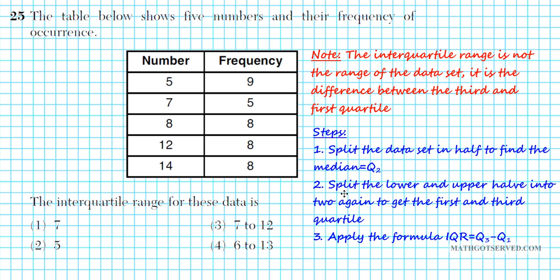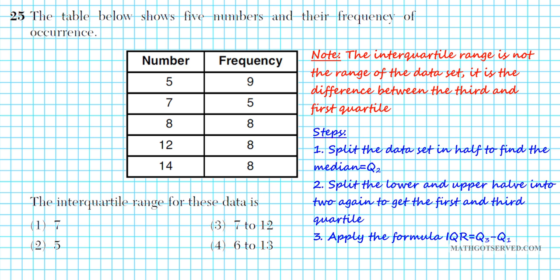Now we're going to split the lower and upper halves into 2 again to help us get the first quartile, which is the equivalent of the median when you're looking at the lower half, and the third quartile, which is the equivalent of the median when you're looking at the upper half. After finding the first and third quartile, we're going to apply the formula interquartile range equals quartile 3, or third quartile, minus the first quartile. So that's what we're going to do.